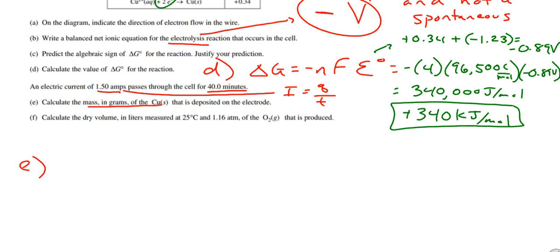So here it is. I want to get 2 grams of Cu. So let's just talk about what I have. I have 1.50 coulombs per second, and here I have 40 minutes. Those are the only two pieces of information I have. My experience with every T-chart I've ever done is if I'm given two different values and one of them only has 1 unit and the other one has 2, the smoothest T-chart is starting with the one that has 1 unit, because everything else can cancel out really smoothly.